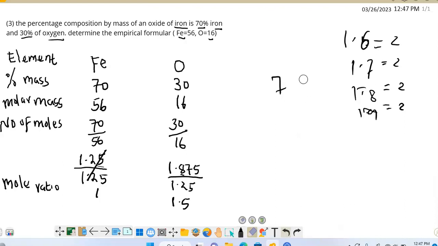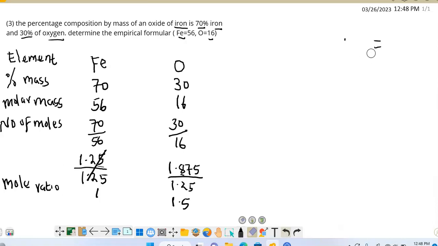If it is between 1.6 and 1.9, above 1.5, you round to the nearest whole number, which in this case is 2 for all of them. If it's 1.3, 1.2, 1.1, you round to the nearest whole number, which is 1.